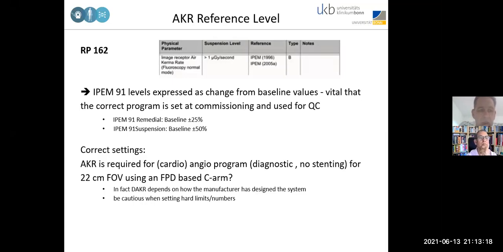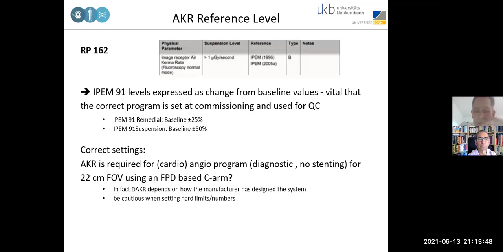So, what about the correct settings? Again, what are the field sizes you're using? For example, for a cardio angio system program, diagnostic, no stenting, you have 22 centimeters field of view, using a flat panel device.